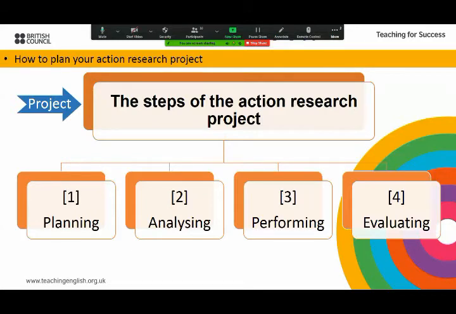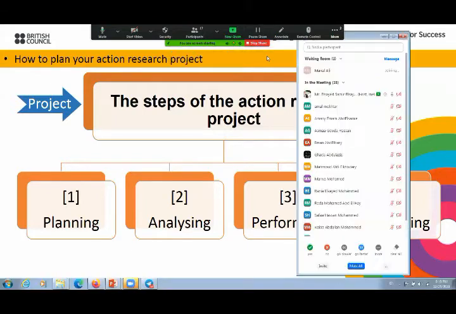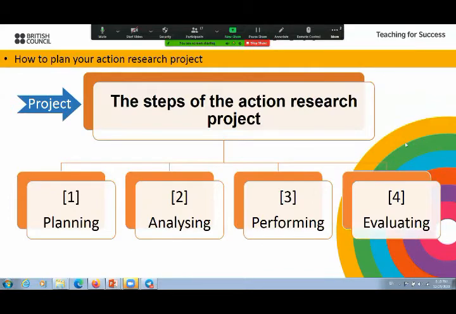Okay, this is the last part of the last session, and it will take only 10 minutes. So, the steps of the action research project: the first one, planning, analyzing, performing, and evaluating.